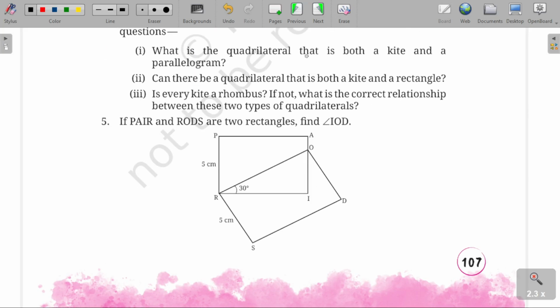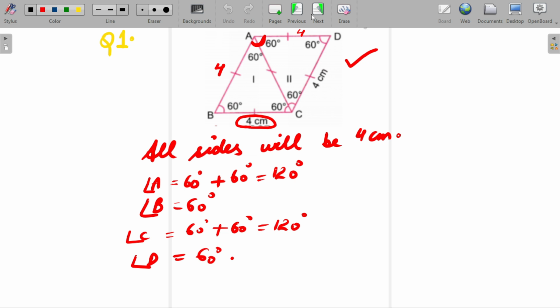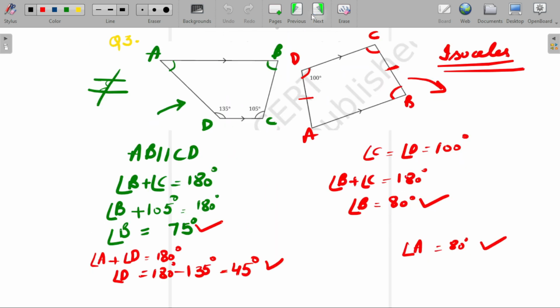Okay, moving to question number 5. If PAIR and ROD are two rectangles, you need to find angle IOD. You are given two rectangles and you are required to find a particular angle. So how will you do it?